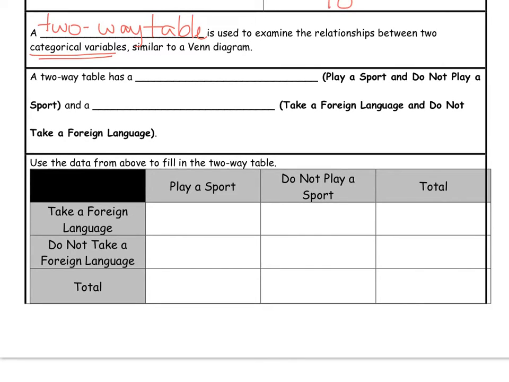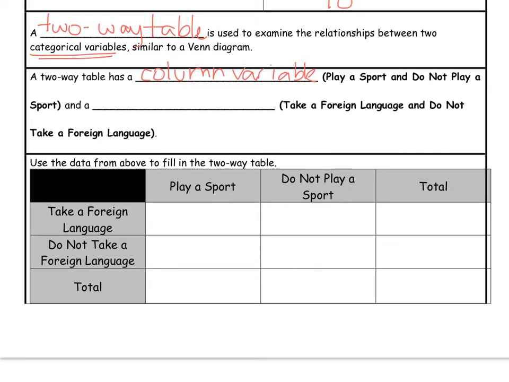And a two-way table has a column variable and it has a row variable. The column variable are those that play a sport and do not play a sport. So here's our column variables right here. You play a sport, you do not play a sport.